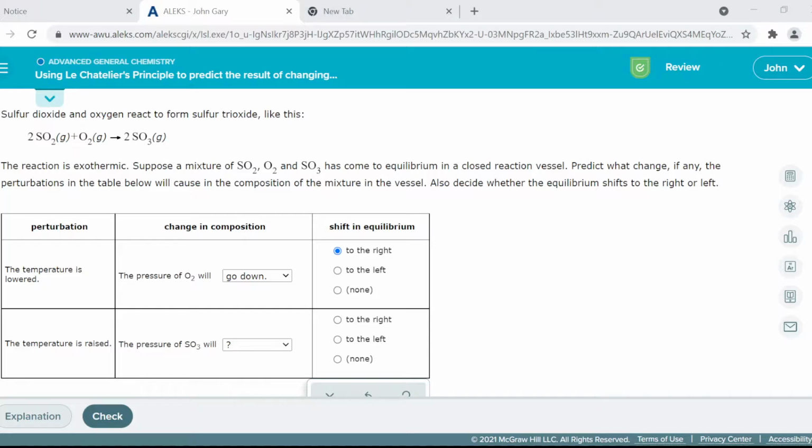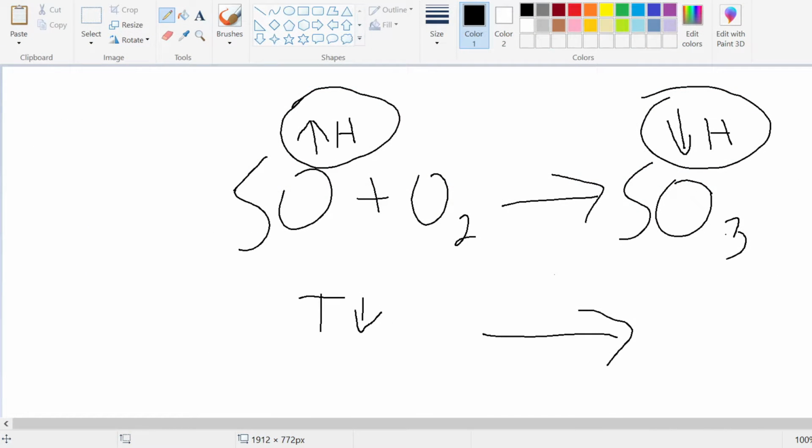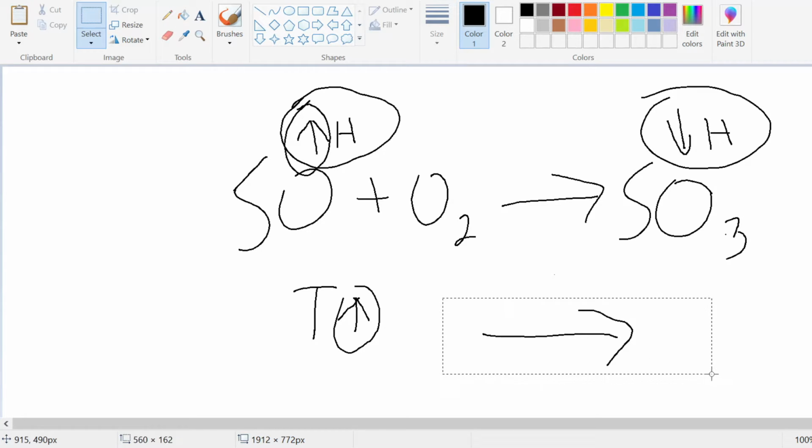Temperature is raised, so I'm going to go back here to my table and I'm going to switch this out. So this will be temperature raised, right? These arrows match, so that means equilibrium goes back to the left.